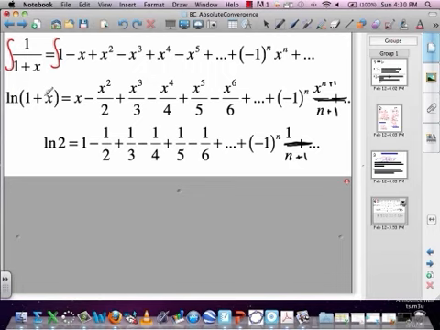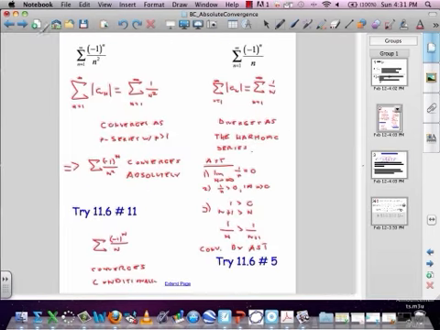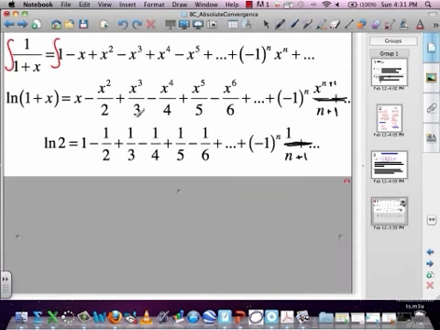The constant of integration ended up being 0, and when you plug in 1 for x, you get the natural log of 2 equal to this series, the alternating harmonic series, which converges conditionally but does not converge absolutely. So you can rearrange these terms and get any sum you want.